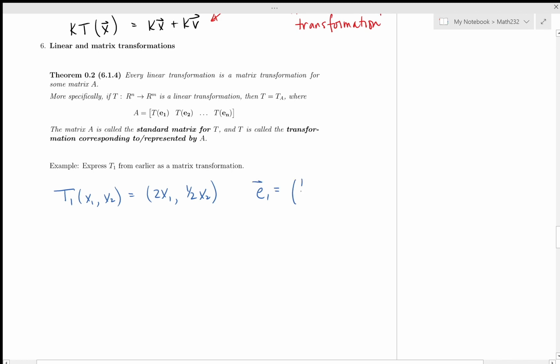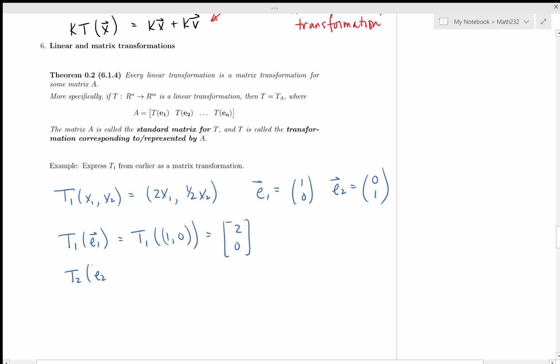That's going to be (1, 0) and (0, 1). We are in R2. Then I compute T1 of E1, so that is T1 of (1, 0). What happens when I do that? I get this vector (2, 0). Double the first one and halve the second one.